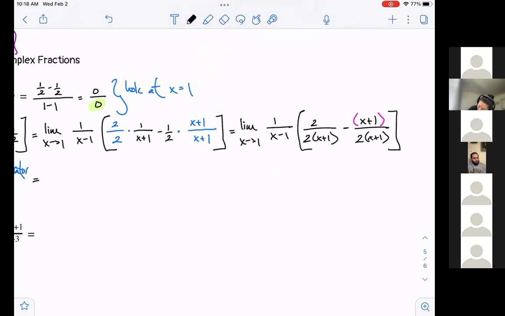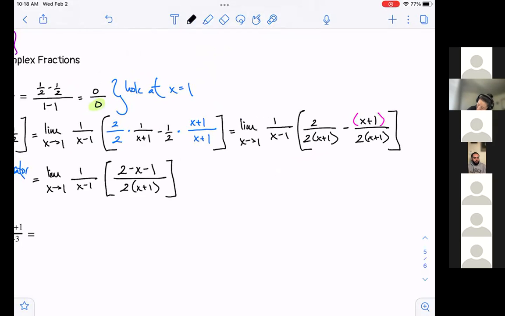All right, so we get the limit as x approaches 1 of 1 over x minus 1, and inside the brackets now, we have 2 minus x minus 1 over 2 times x plus 1.